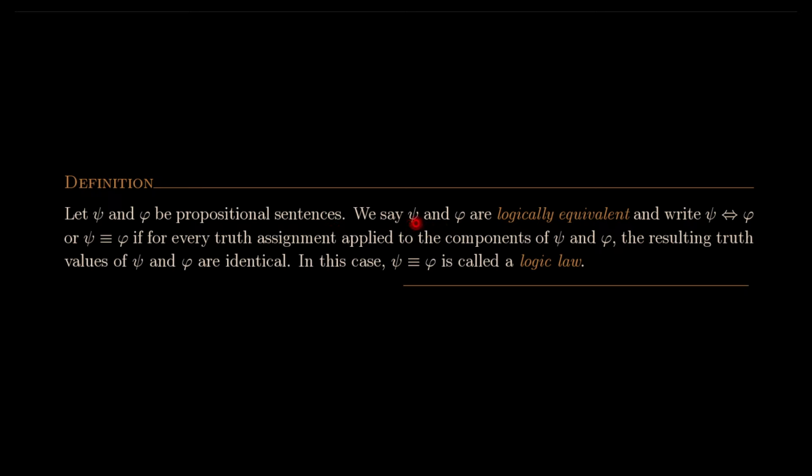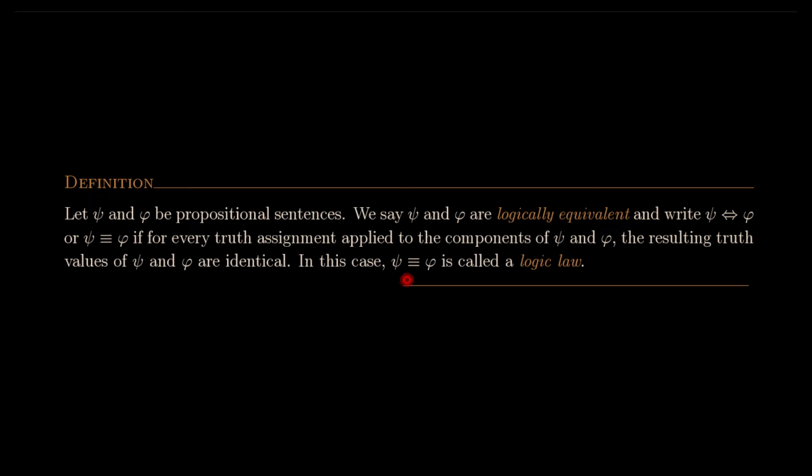We say psi and phi are logically equivalent and write this notation that you see, psi, this double-sided arrow, phi. Or I myself prefer to use this notation, psi with 3 horizontal lines, logically equivalent to phi. I will use this if for every truth assignment applied to the components of psi and phi, the resulting truth values of psi and phi are identical.